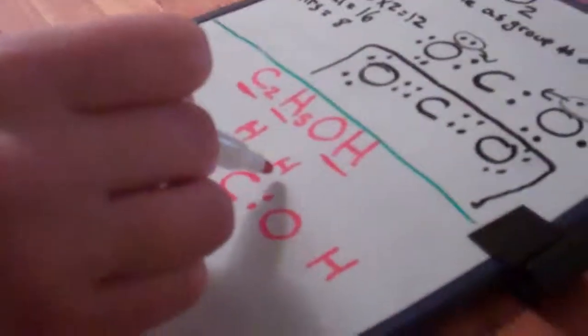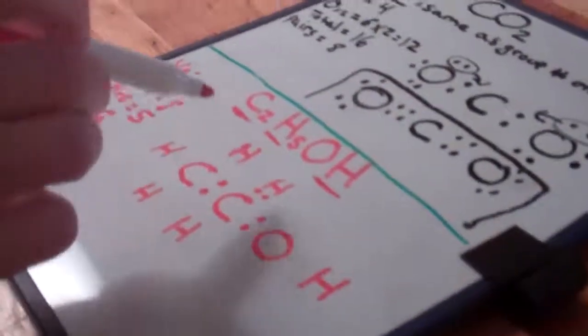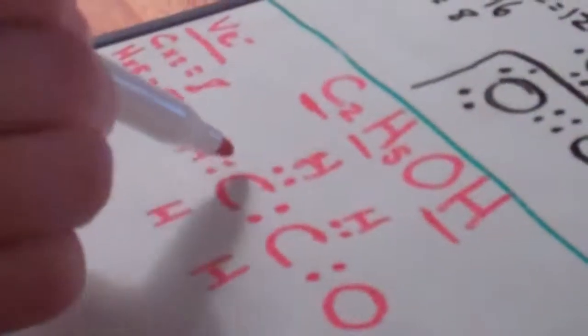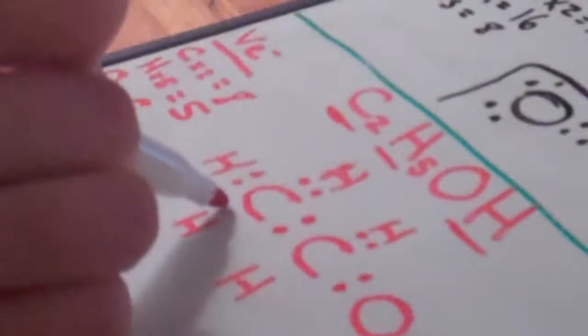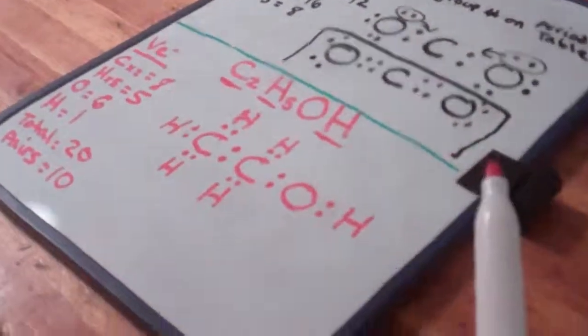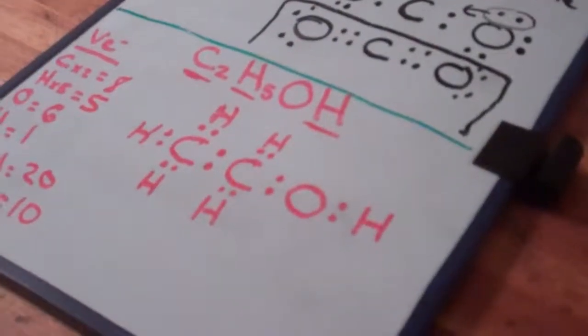So we'll put a single pair right there, single bond. Okay, and these are all single bonds because they're not by themselves, they're combining 2 atoms.